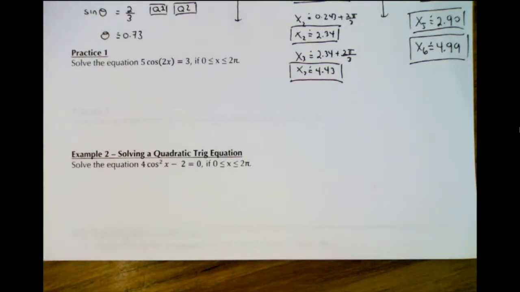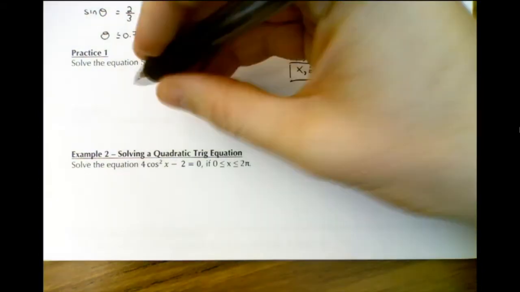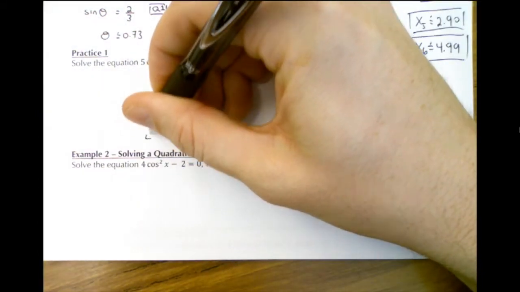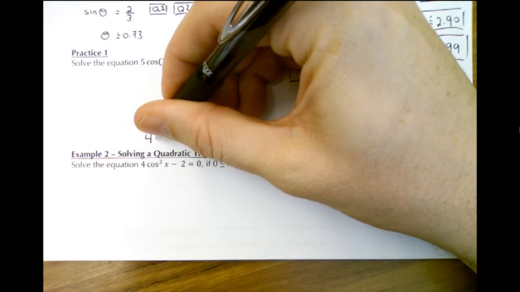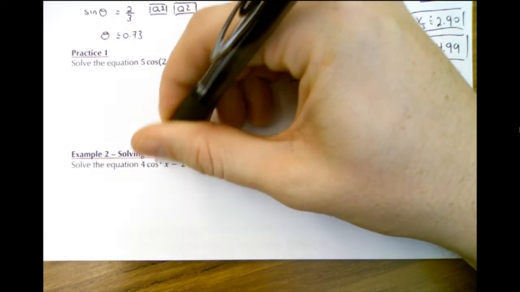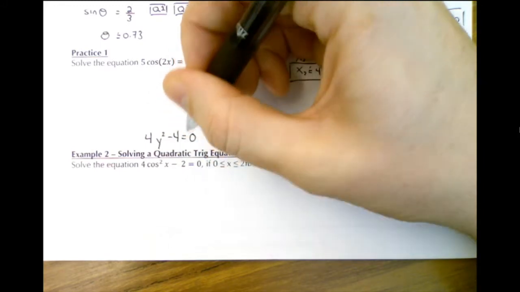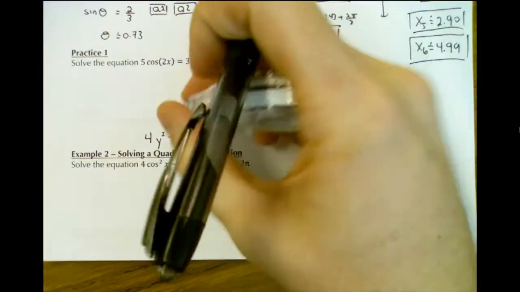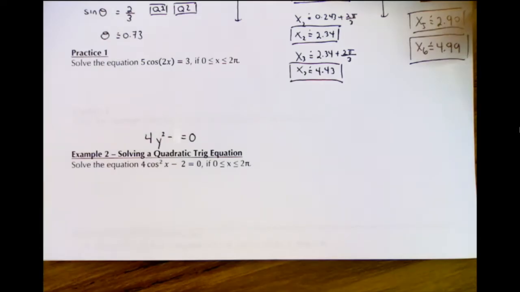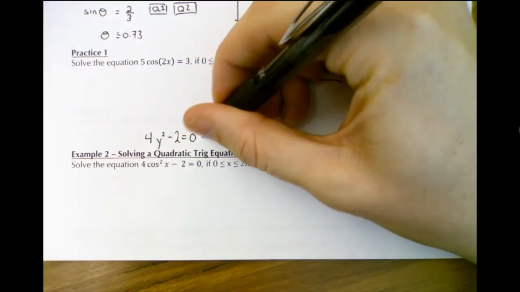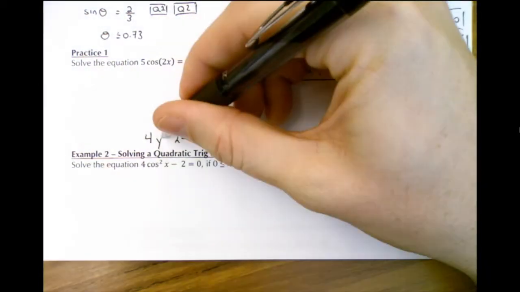So this would be like saying, I'm going to use y to represent cos. 4y squared minus 2 equals 0. So basically, you're just asked to solve this equation. And we can solve that equation by isolating for y squared, right?